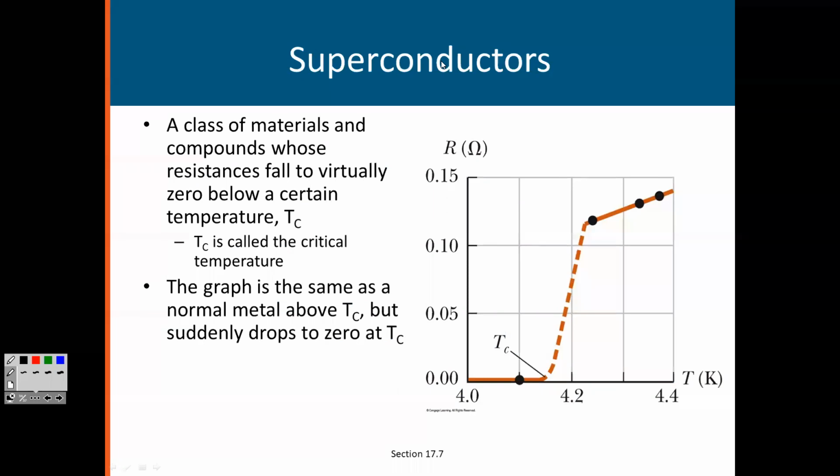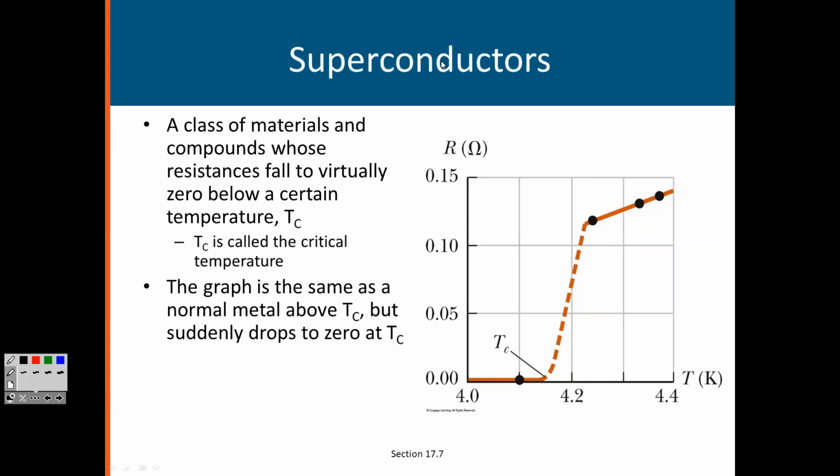Right, so we now come to the next section, the last section in chapter 17, superconductors. You must have heard of superconductors. What is a superconductor? It's a class of materials and compounds. You can make superconductors out of compounds, mixtures of different elements, whose resistance falls to virtually zero below a certain temperature.